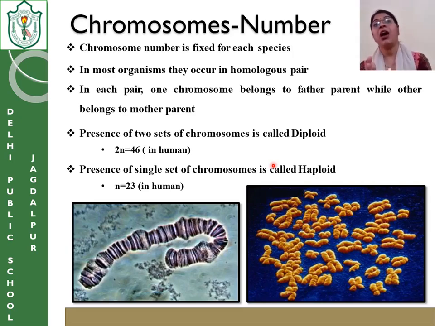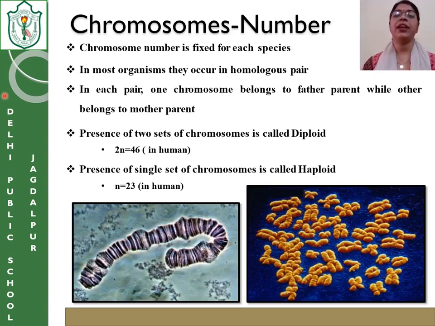Then from the RNA, the information has to be transferred to the DNA, and that is called transcription. Then that information has to be sent to the ribosomes for the formation of new proteins, new genes. This way the chromosomes help in cellular reproduction.